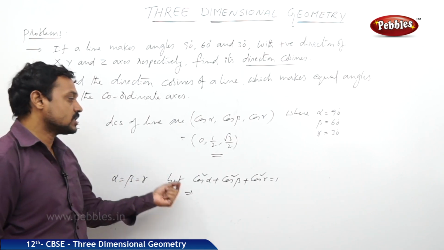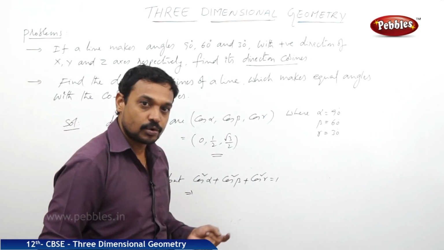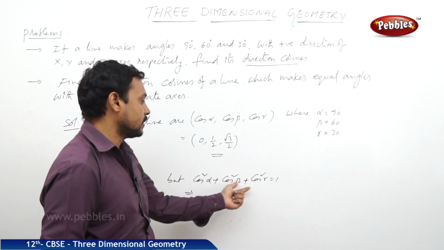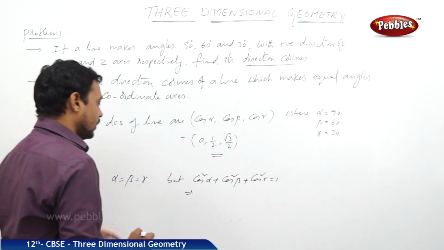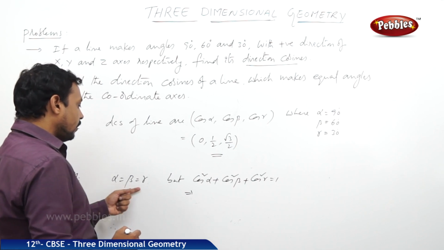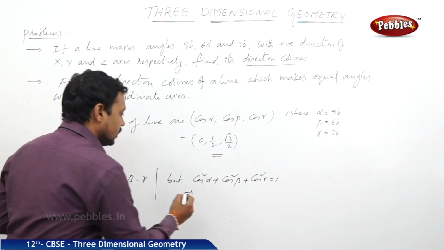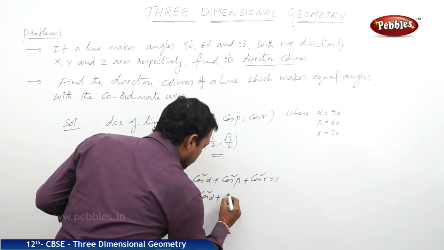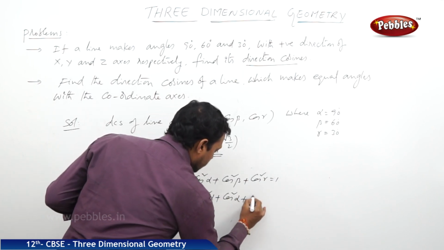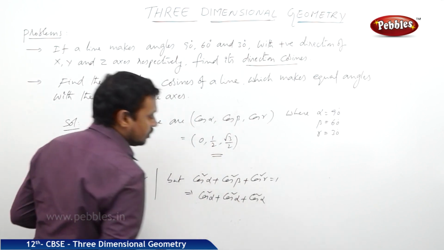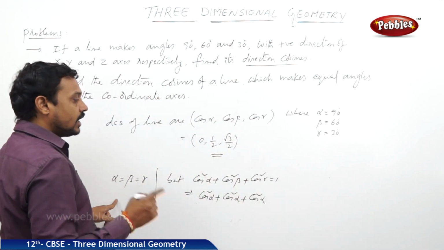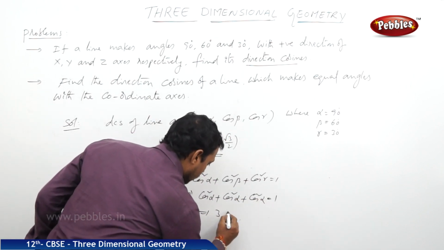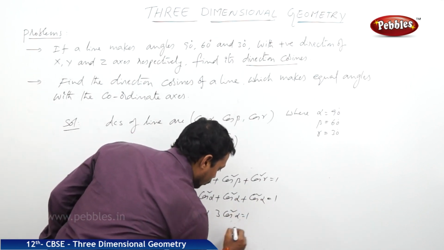Since cos alpha, cos beta, cos gamma are the direction cosines of a line, it is already proved that cos square alpha plus cos square beta plus cos square gamma is equal to 1. But here alpha, beta, gamma all are the same. Hence, it is cos square alpha plus cos square alpha plus cos square alpha, replacing beta and gamma by alpha. Now, 3 times cos square alpha is equal to 1.